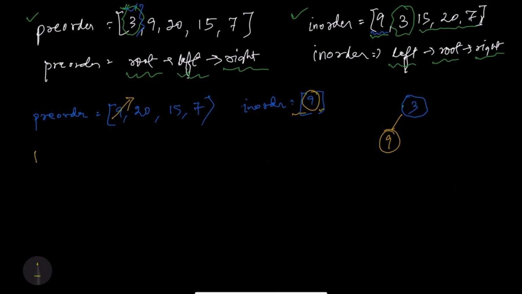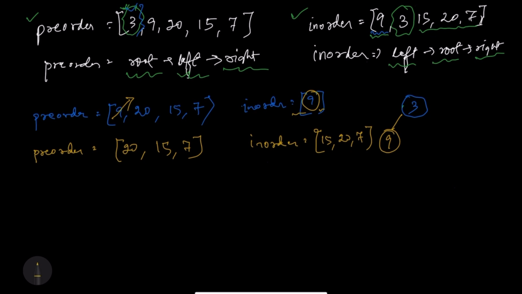Now our updated preorder array will be 20, 15 and 7. Now we will do the iteration for the array for our right subtree. So our inorder array would be 15, 20 and 7.